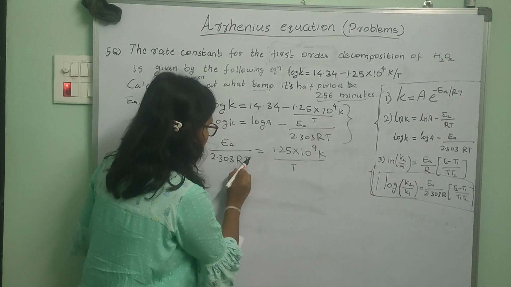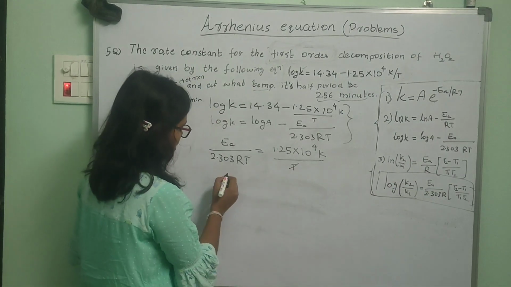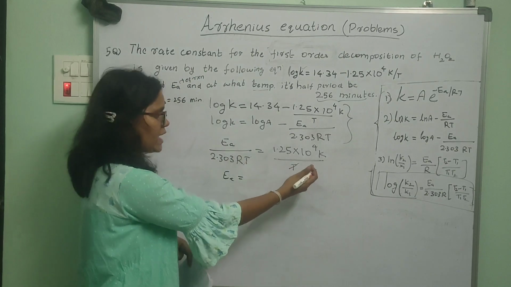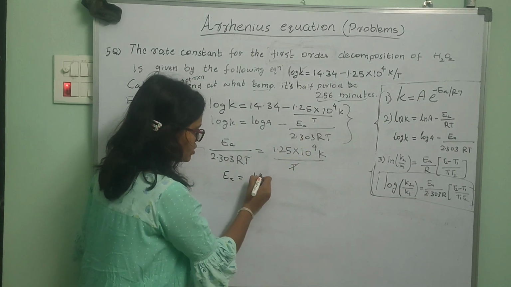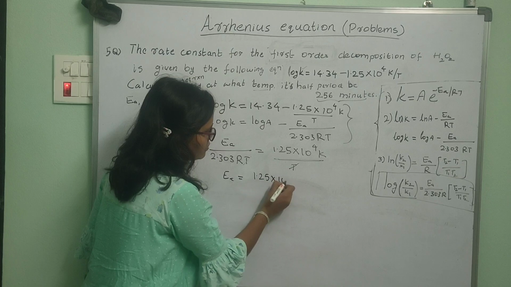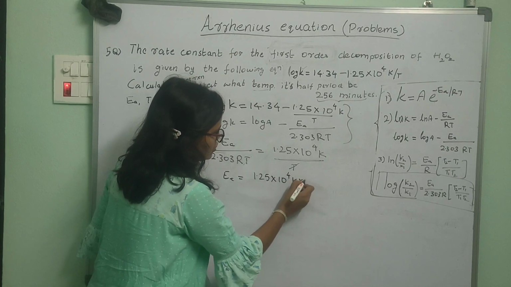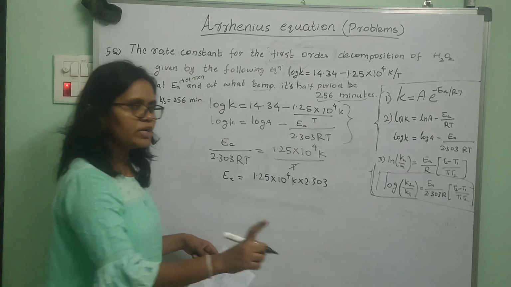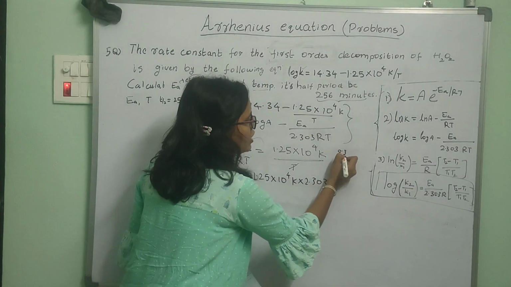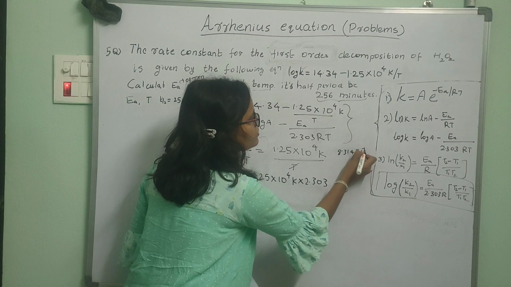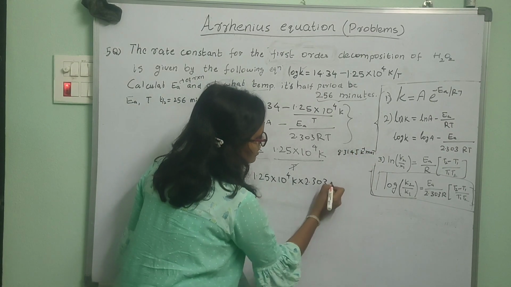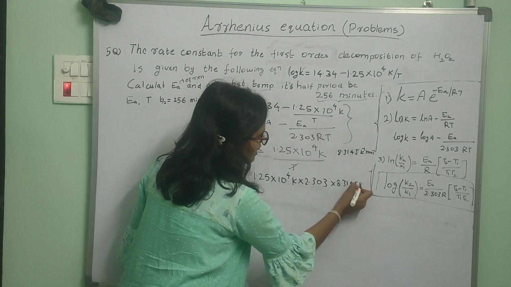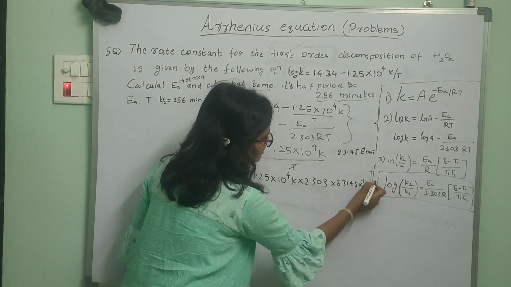So I'll cancel this T on both sides. I'll take this 2.303 into R on the right side, so it goes to the numerator. So 1.25 into 10 power 4 K into 2.303, and what is the value of R? It is 8.314 joule Kelvin inverse mole inverse, right? So I'll write it here, 8.314 joule Kelvin inverse mole inverse, okay?